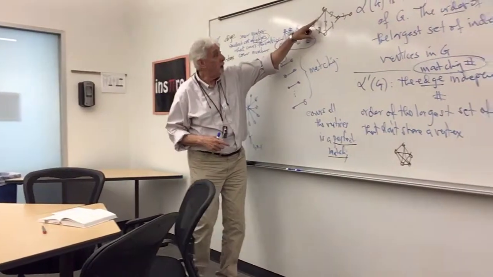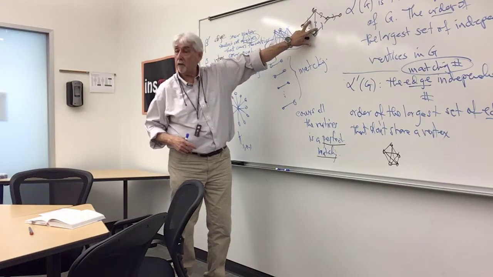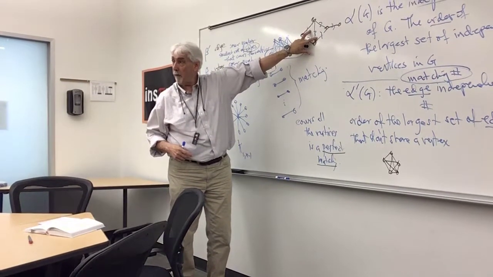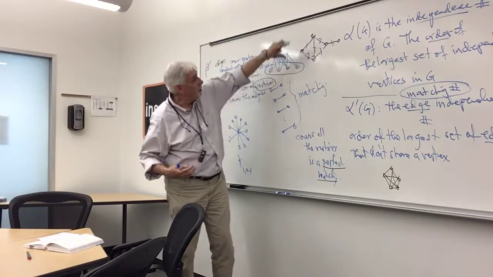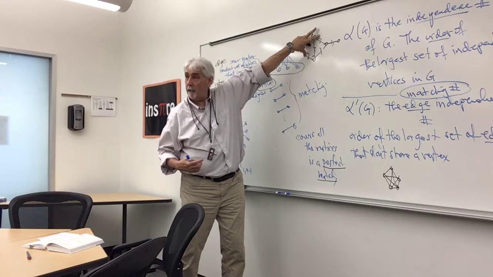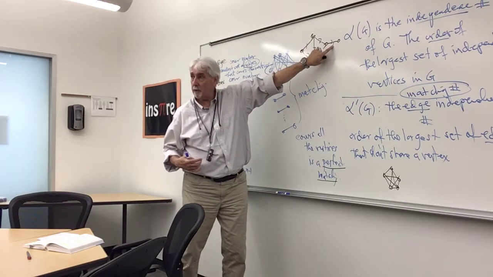Okay, so notice this. Look, the 1s form an independent pair of edges. They're independent, they don't share a vertex. The 2s form an independent pair of edges. The 3s form an independent pair of edges.